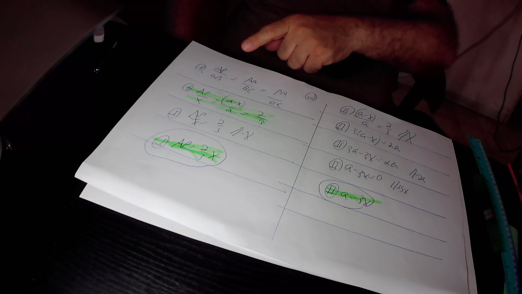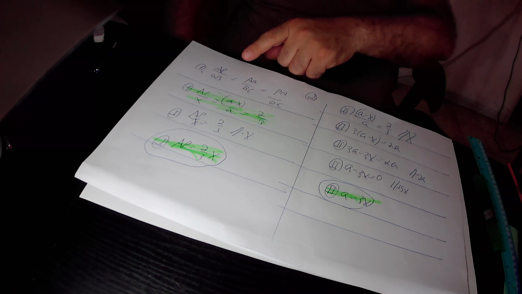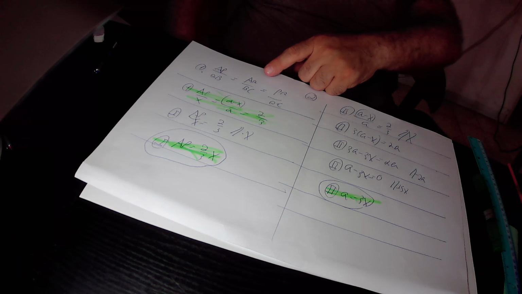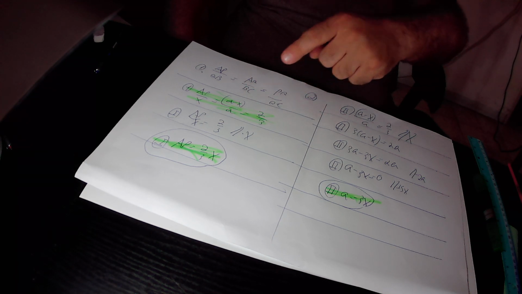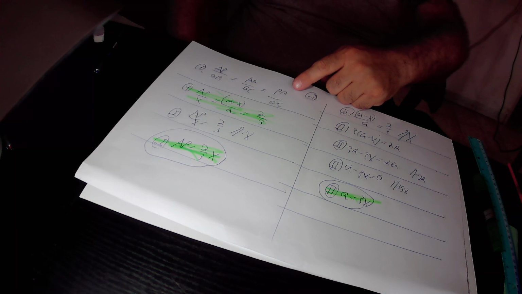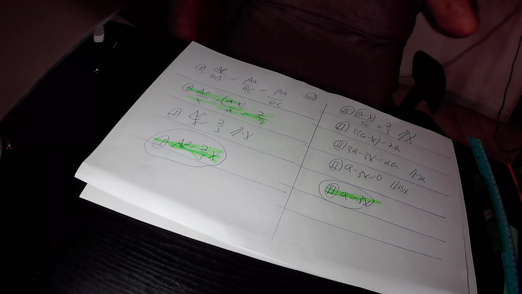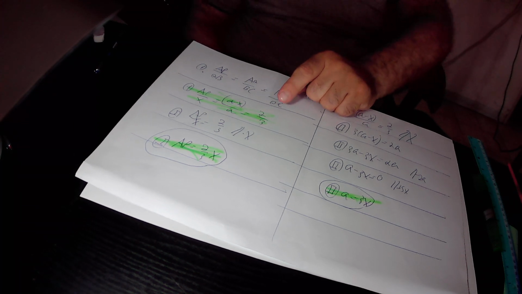AP is the missing side, over QB. QB is x, and it is equal to AQ, that is a minus x, over BC, that is a, and it is also equal to PQ, that is 2, over QC, that is 3. So in total, according to equation 1, AP over x equals a minus x over a, and it is also equal to 2/3.